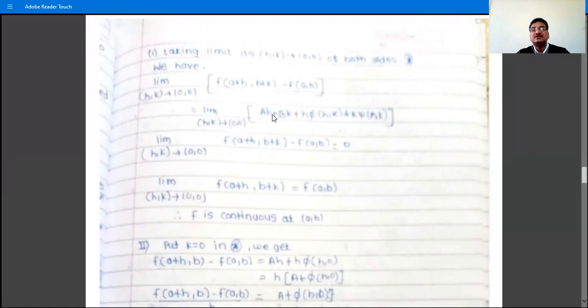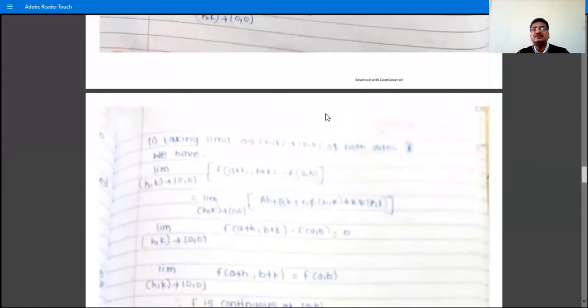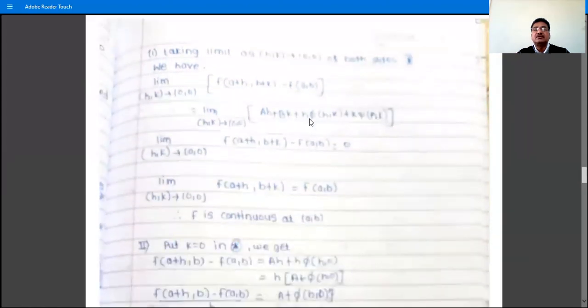So Ah is 0, the term Bk is 0 because k is 0, then h is 0, and also the limit of phi(h,k) is 0 as (h,k) tends to (0,0). So the limit of each term is 0, and so the limit of the RHS is 0.